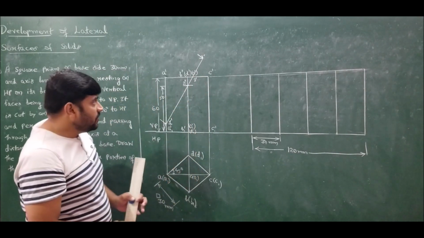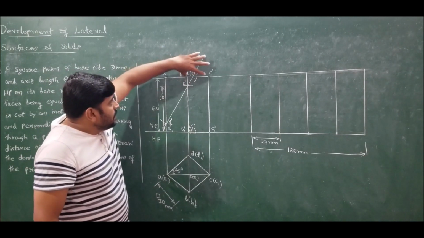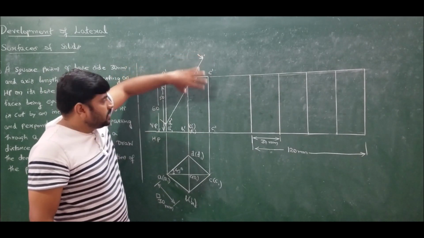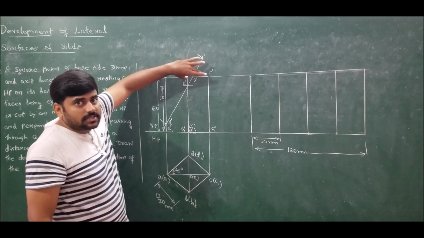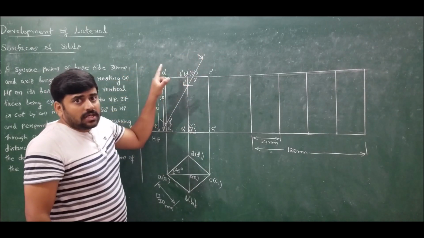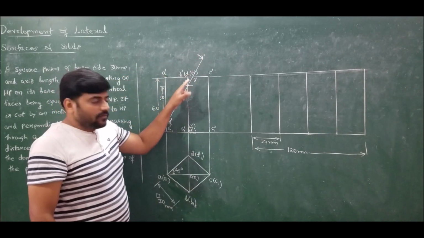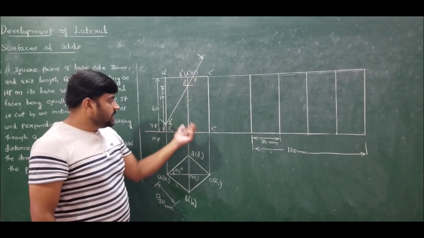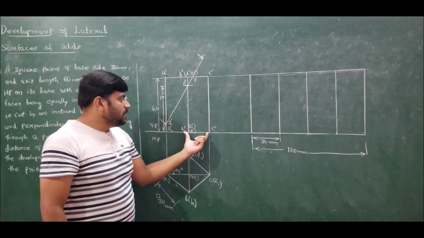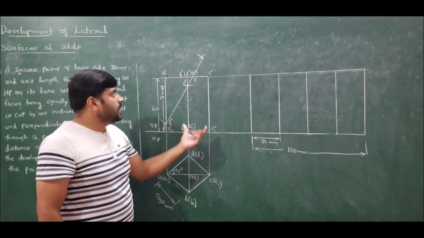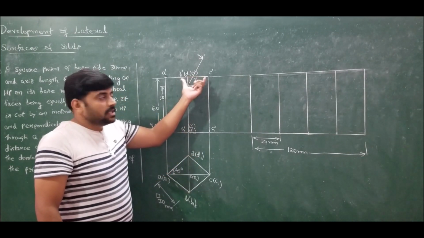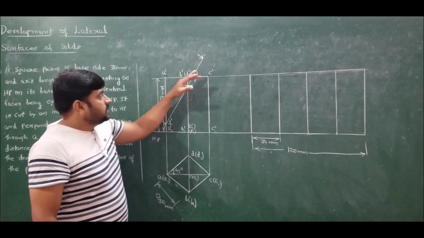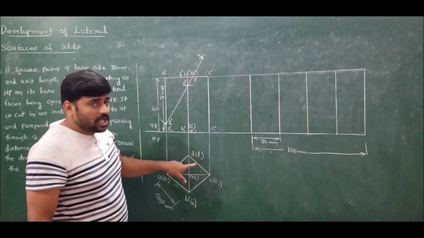If the base edge, whether it will be at the bottom or at the apex, is intersected, then the intersection point should be measured from the top view. I repeat, if the base edge, whether at the base, B1 dash C1 dash, or at the apex, B dash C dash, is cut by the cutting plane, then its dimension should be measured from the top view.